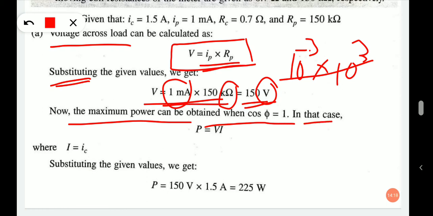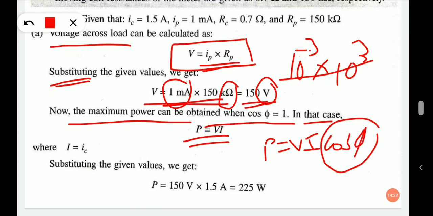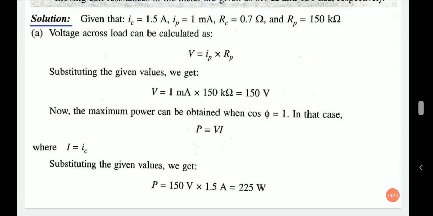In that case P equals VI. We know the equation P equals VI cos phi, but we are considering cos phi as 1, because when cos phi equals 1 we get maximum power, where I equals IC.